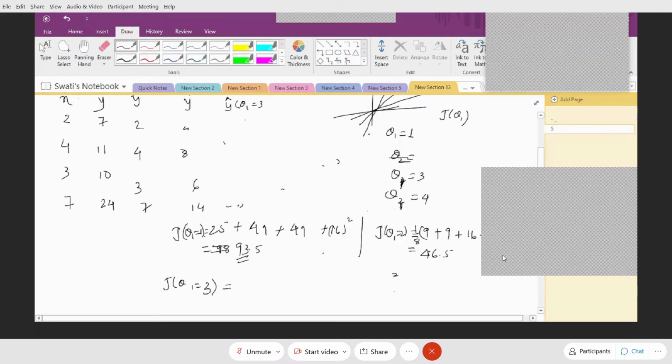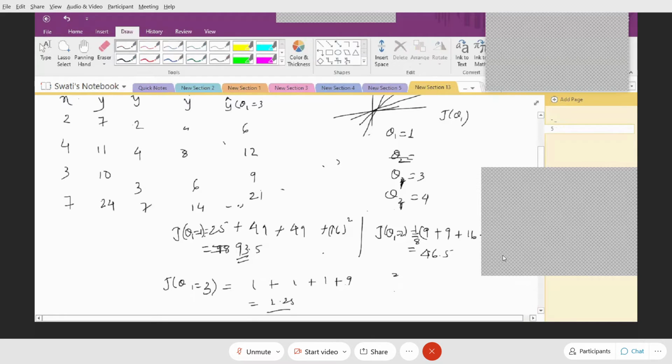So 3 2s are 6, 4 3s are 12, 3 3s are 9, and 7 3s are 21. So the error is going to be 1 plus 1 plus 1 plus 9, that is 12, 12 divided by 8 gives us 1.25.